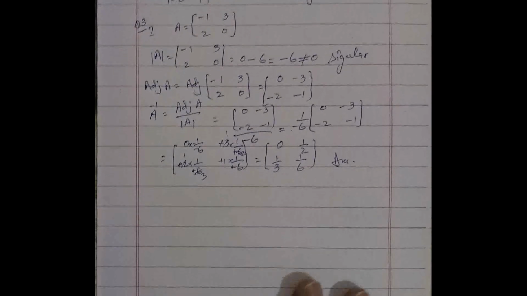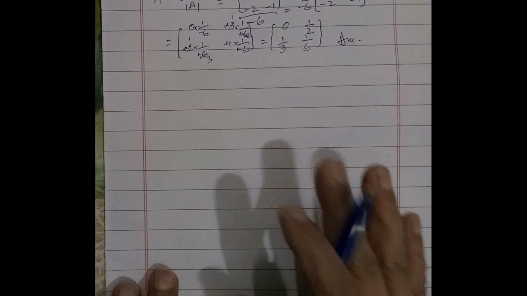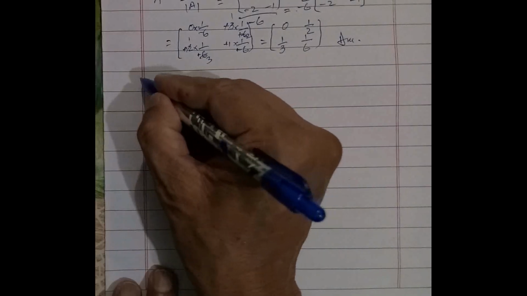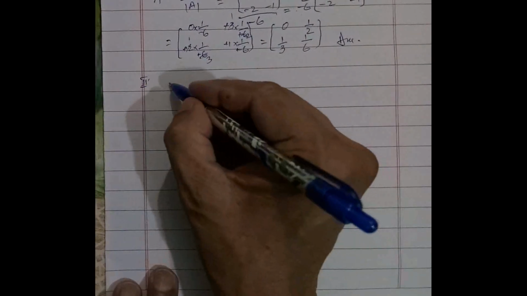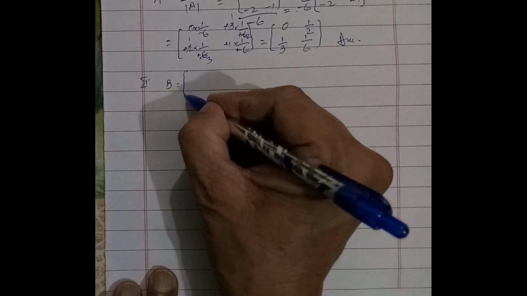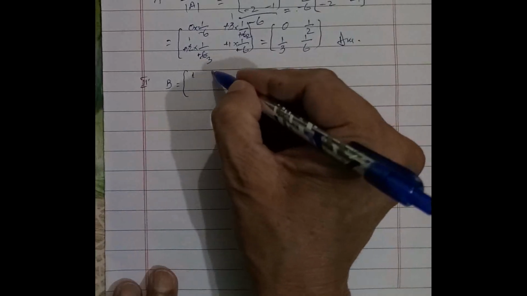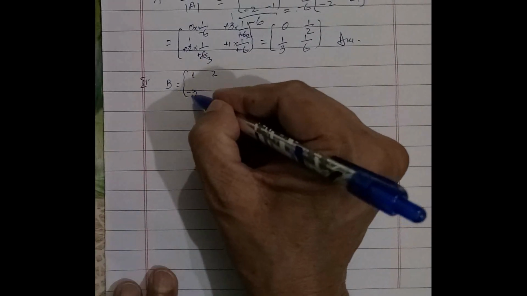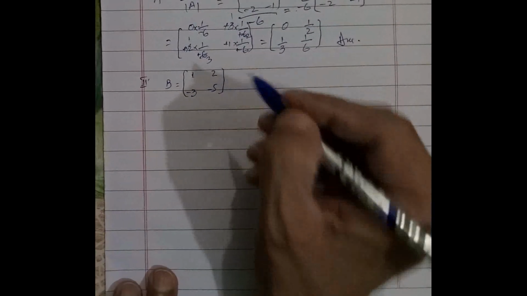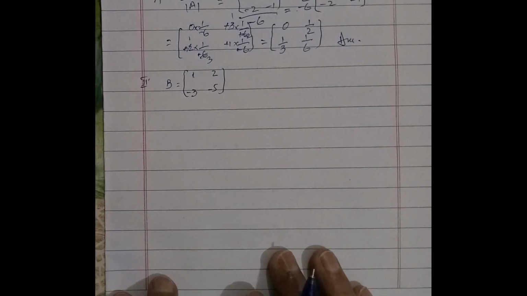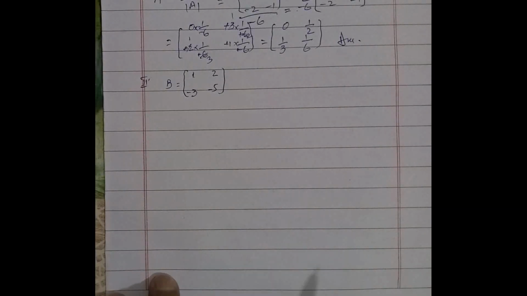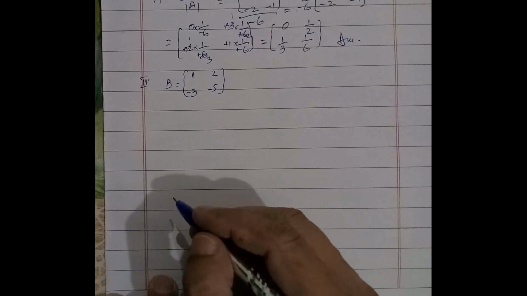Similarly, we solve the second part, which is matrix B, equal to 1, 2, minus 3, minus 5. Before finding the multiplicative inverse, first we find the determinant of the matrix.